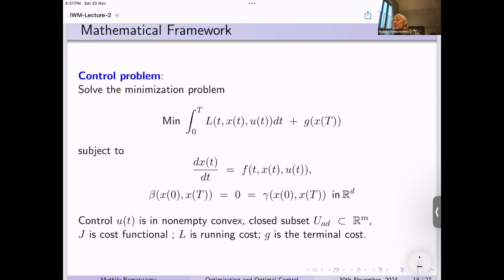There can be several conditions. We don't know, that's why they have put it in general. So the control u(t) is in a non-empty closed convex subset U_ad, where ad stands for admissible control space, contained in some m-dimensional Euclidean space. J is the cost functional, L is called the running cost, and g is called the terminal cost. So this is the setup for optimal control problems.